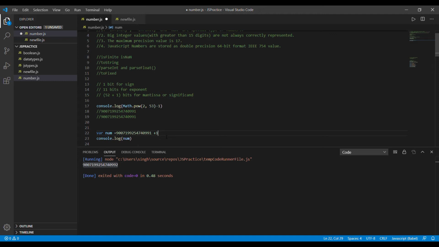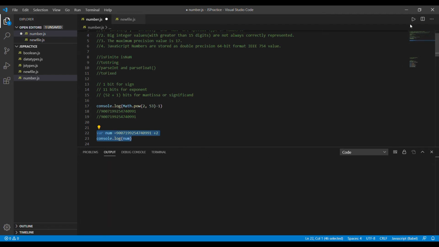So that's why we can see that this number is represented correctly, because the first bit will be 1 and the remaining 52 bits will be 0, and then this extra bit will also be 0. So that's why we are able to represent it. But let me add 1 here. Now this number will require the extra bit to be 1, which is not possible.